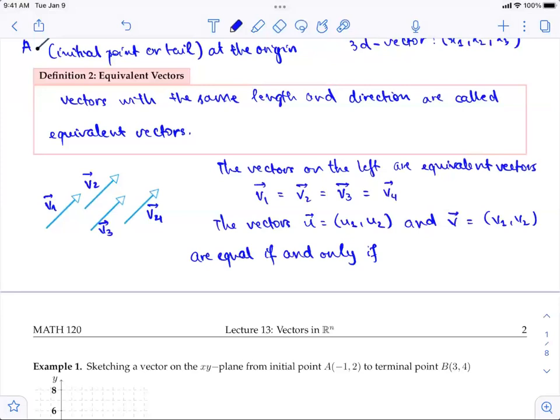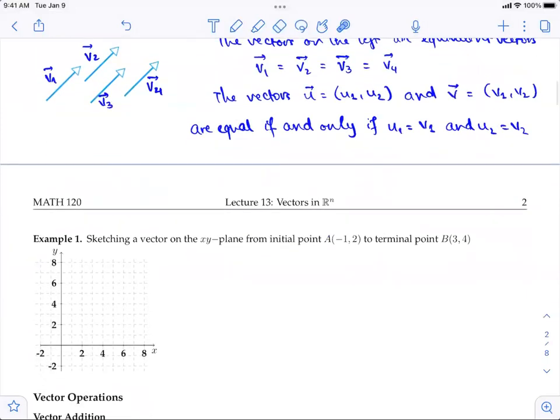That means u1 equal to v1 and u2 equal to v2. So this is the definition of equivalent vectors, or the vectors with the same length or directions. So they are equal to one another if the corresponding components are equal to one another. That is u1 equal to v1, the first component, and the second component equal to one another.